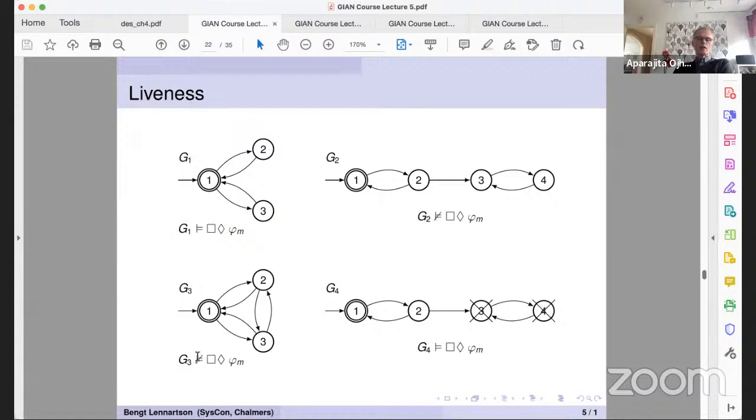So you could say that there is an implicit for all before every LTL specification. For all sequences, you should repeatedly get phi m.